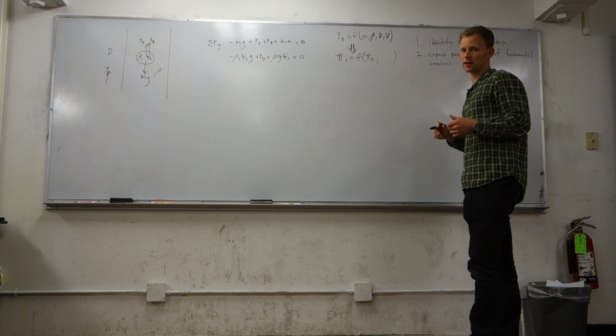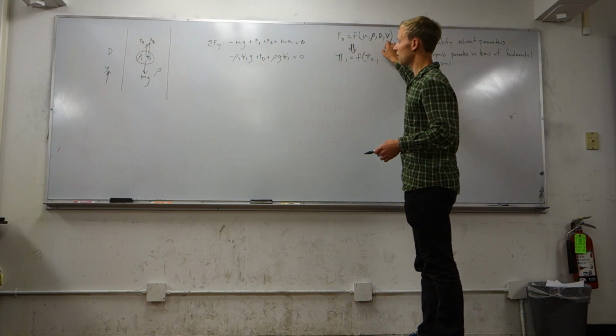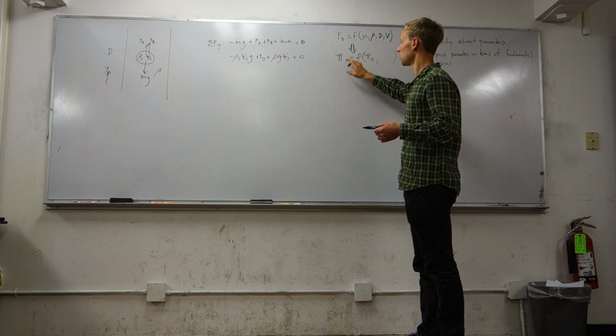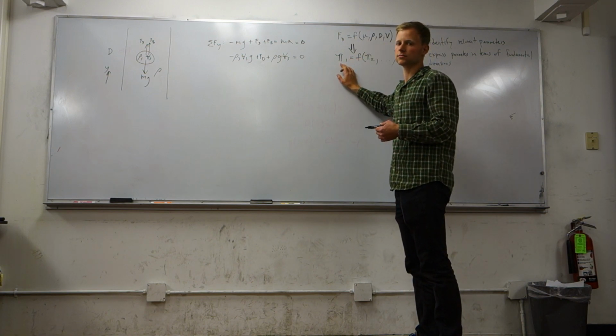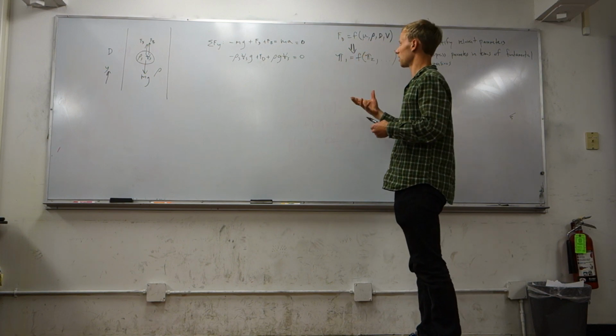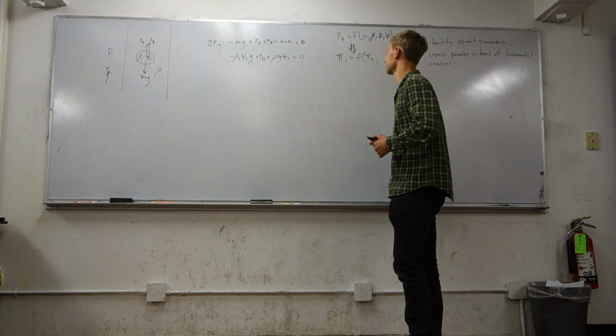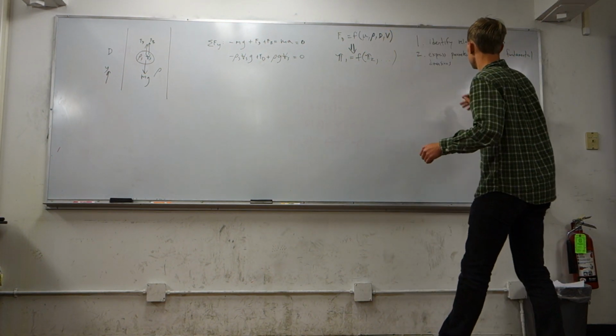To take a step back and look at what we're doing here, we're just trying to find groupings of these variables, 1, 2, 3, 4, 5 of them, that create a number that is non-dimensionalized. So we're going to choose some of these variables that are going to be the variables that we're going to use to non-dimensionalize other ones. You'll see this in a second. So let's do this part first.